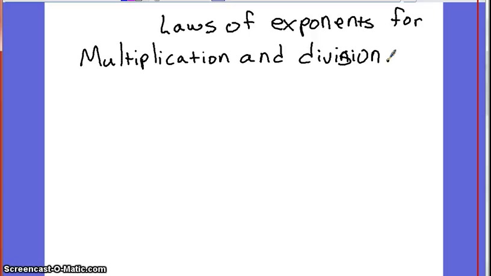And the rule works like this. X to the a power times x to the b power equals x to the a plus b. In essence, when you're multiplying the same bases, you add your exponents. Okay, so this is the condensed, simplified rule. When you're multiplying the same bases, all you need to do is add your exponents. Make sense?